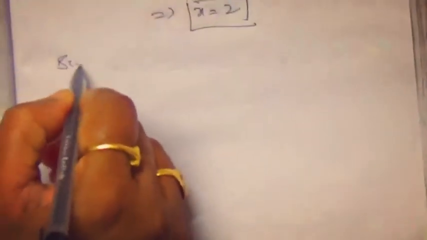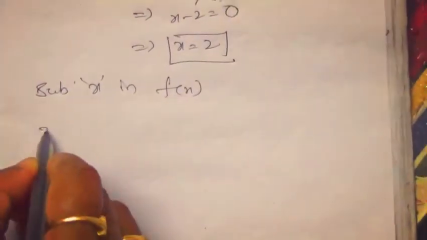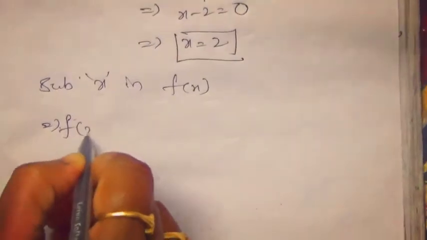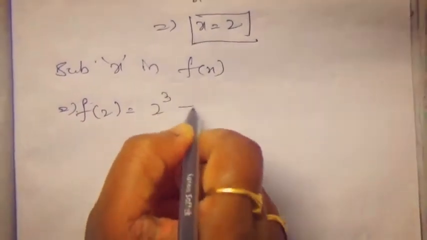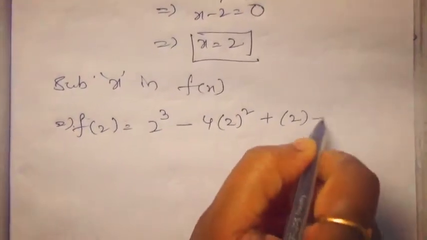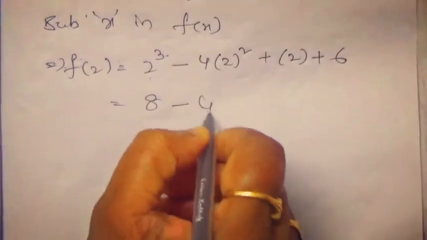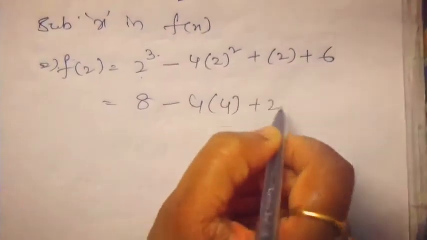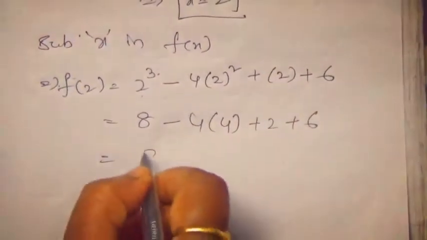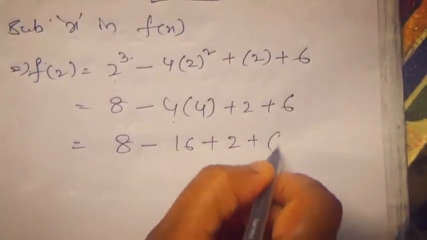So substitute x in f of x, that implies f of 2 is equal to 2 cube minus 4 of 2 square plus 2 plus 6, that is equal to 2 cube means 8 minus 4 of 4 plus 2 plus 6, that is equal to 8 minus 16 plus 2 plus 6.